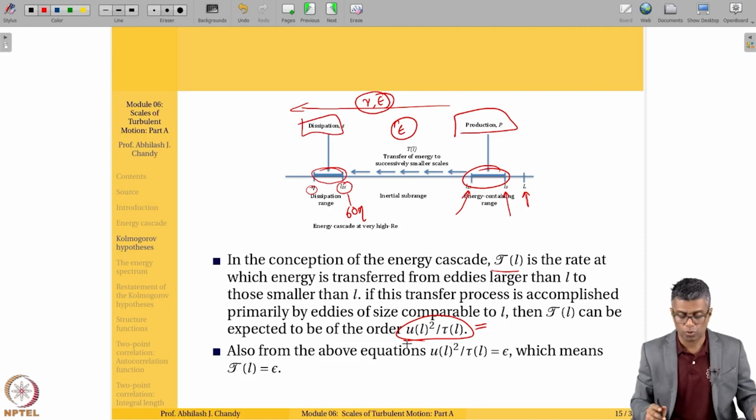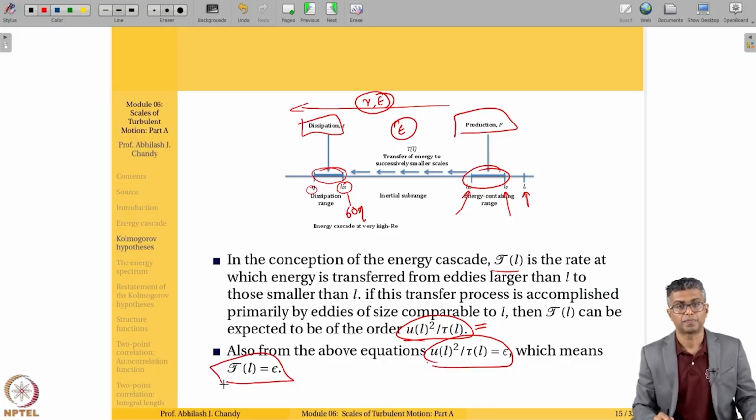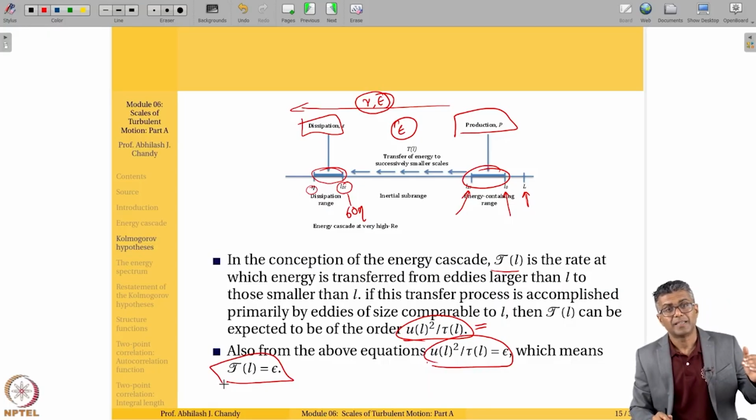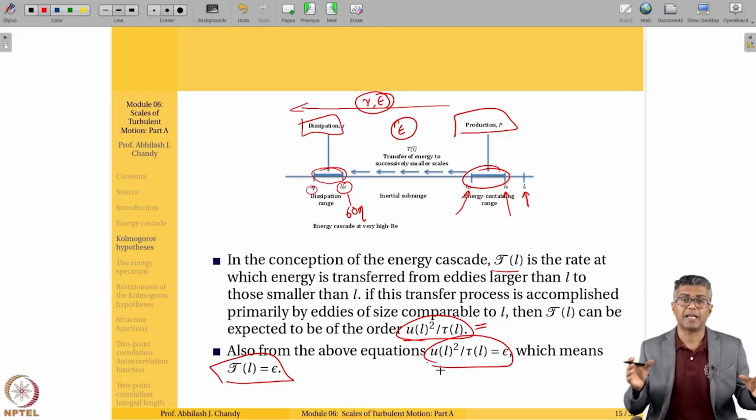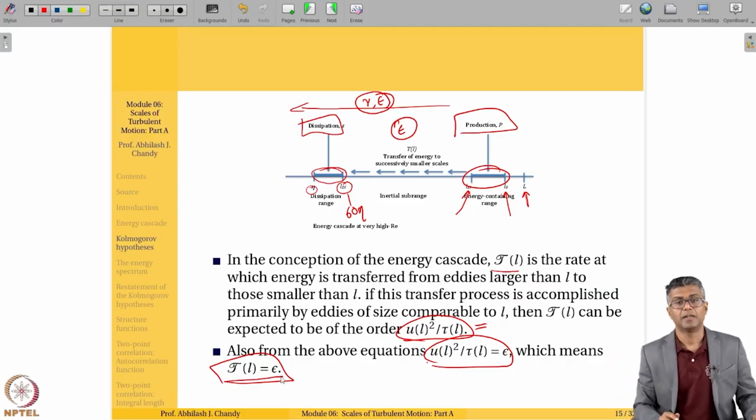So that is why I'm writing it as UL squared over tau L. But we also know that U of L squared over tau L is the same as epsilon, which means that the transfer is equal to epsilon. Isn't it? We know that the dissipation happens at the rate at which the kinetic energy is getting transferred. So T of L is the same as epsilon.